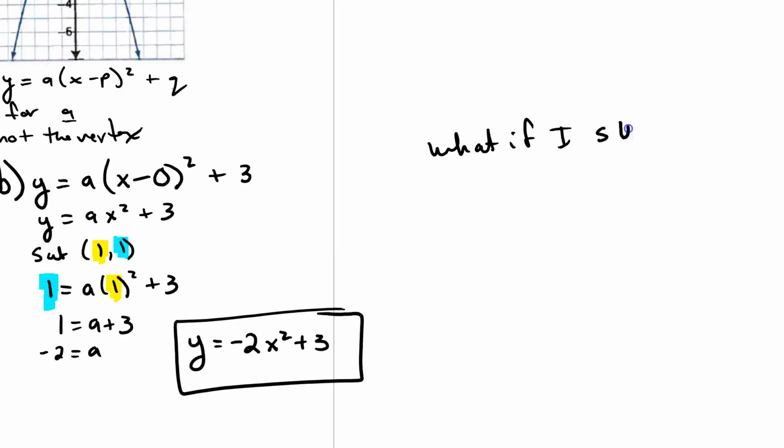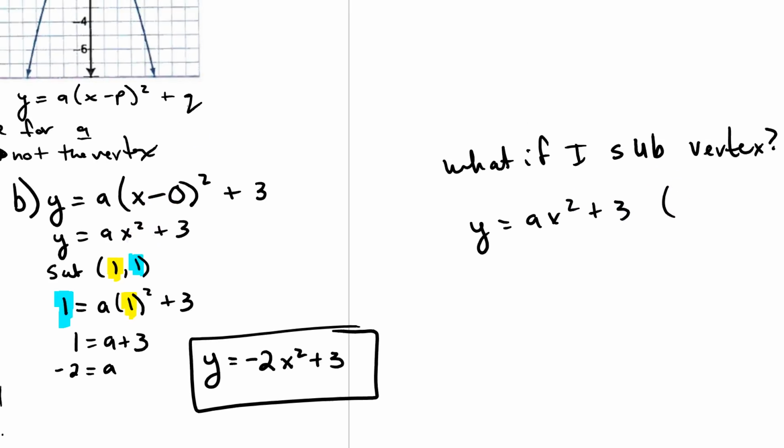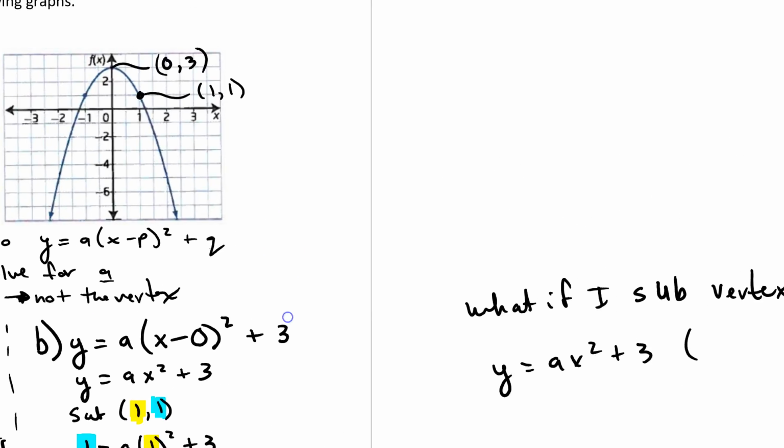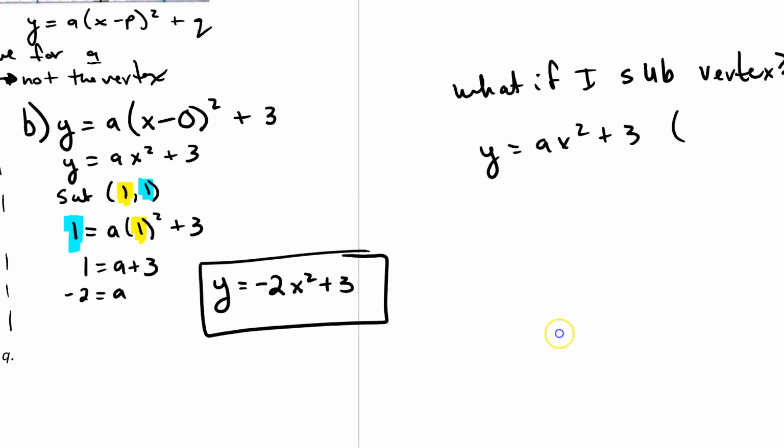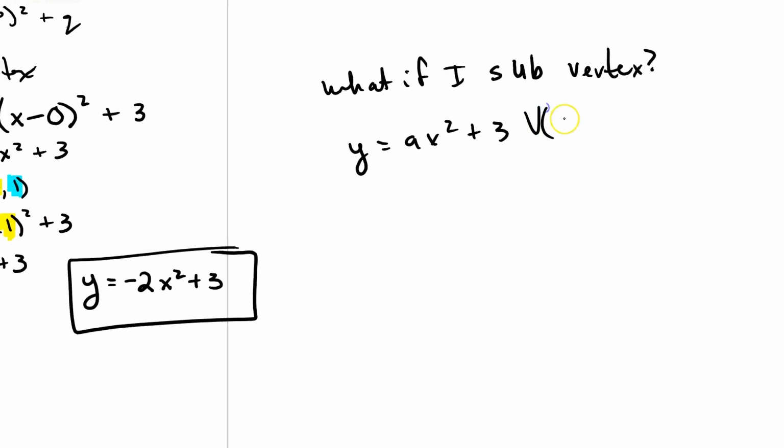I substitute the vertex? So if I have something like y equals ax squared plus 3, and I know that my vertex is going to be at 0, 3. What I'm going to do is I'm going to substitute in all my values that I know.